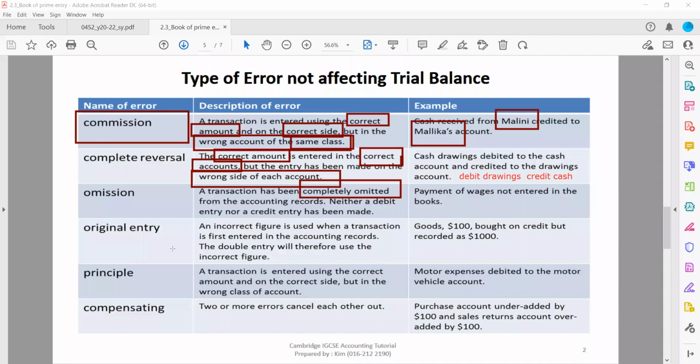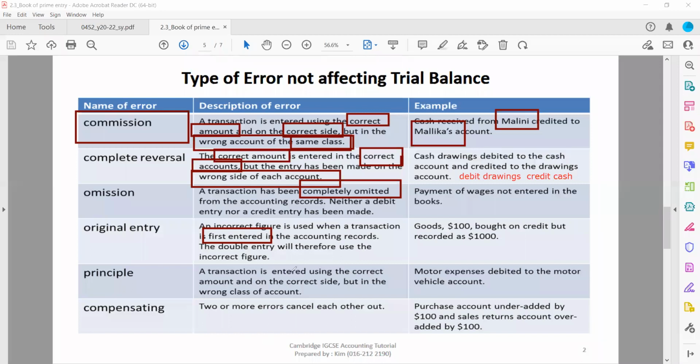Original entry. An incorrect figure is used when a transaction is first entered in the accounting record. What is a first entry? First entry refers to the book of prime entry. Of the books of prime entry, you have 7 books, and if we make a mistake in the book that we record, that is called first recording.